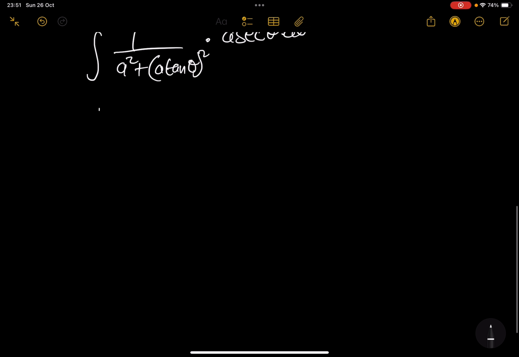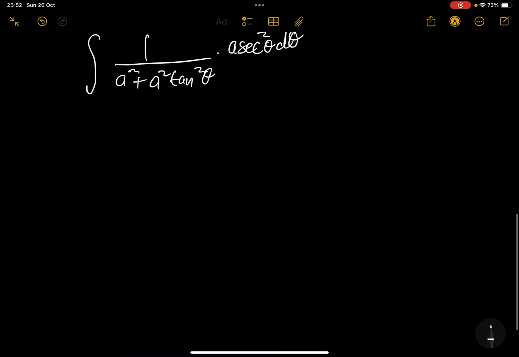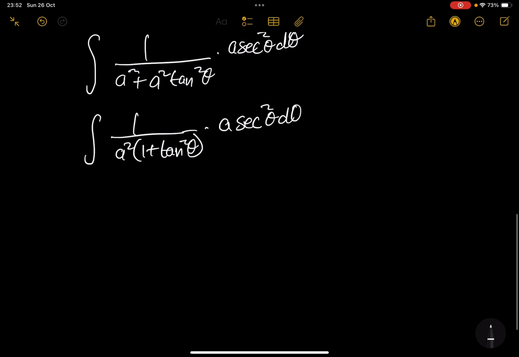You can further simplify this. Let me just work this out. This is going to be a squared plus a squared tan squared theta, times a sec squared theta d theta. If I factor out a squared in the denominator, I'm going to have a squared times (1 plus tan squared theta) times a sec squared theta d theta.